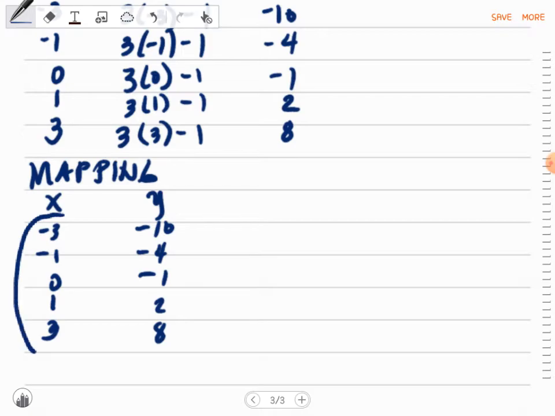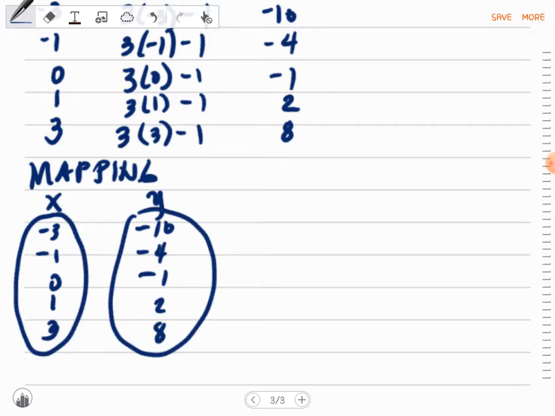Then you will draw an oblong or ellipse, and then put an arrow showing ordered pairs or coordinates. And then this is what we call the one-to-one function. To make it a one-to-one inverse of a function, just put another arrow on the other side. So this is now one-to-one inverse.